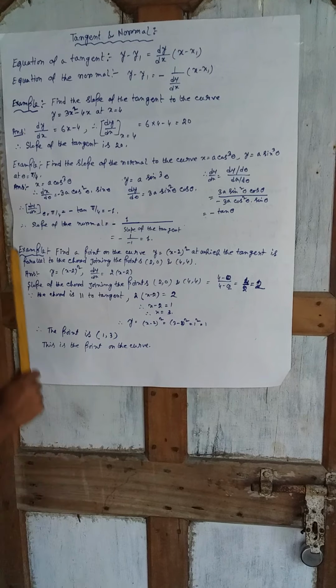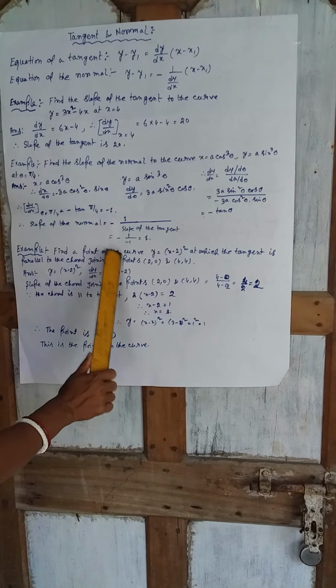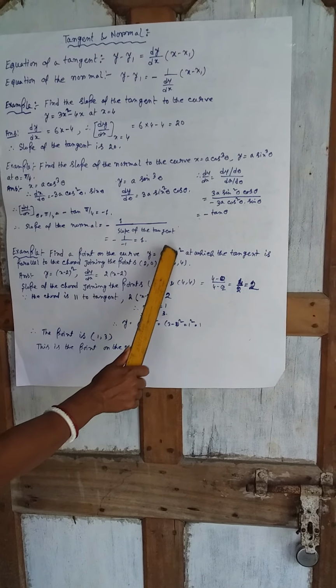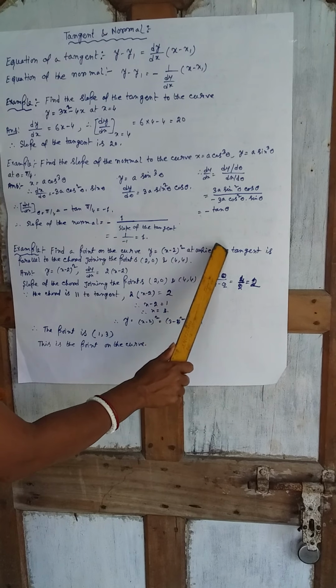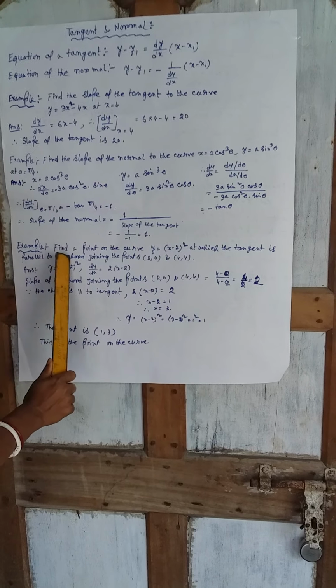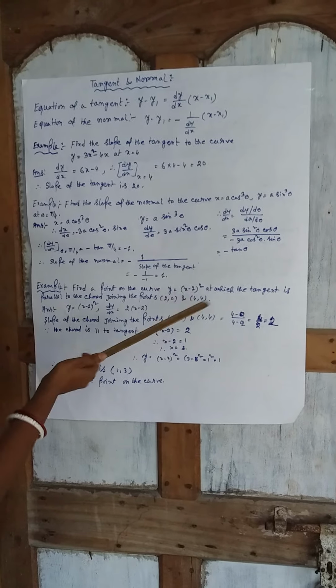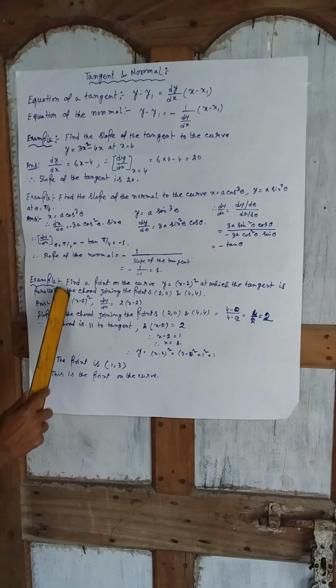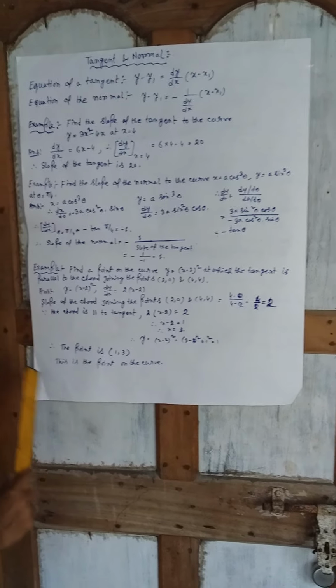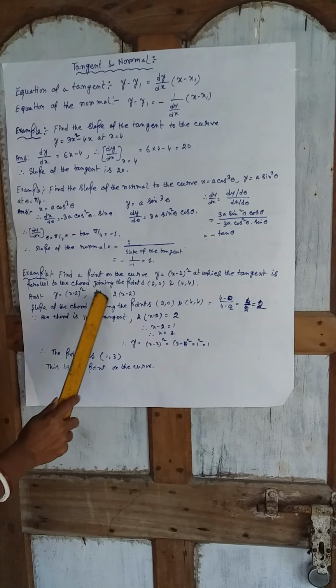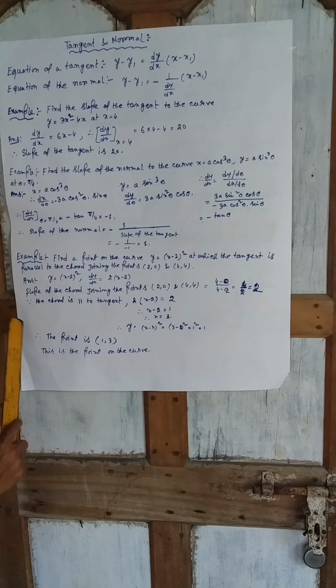Now the third example. Find a point on the curve y equal to x minus 2 whole square at which the tangent is parallel to the chord joining the points (2, 0) and (4, 4). Now y equal to x minus 2 whole square, therefore dy/dx equal to 2 into x minus 2.